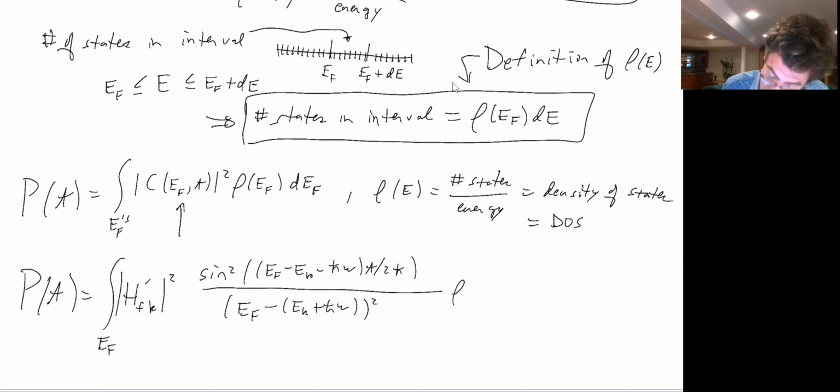And then I have to multiply by the density of states times dEF. That's because we know what this probability is for the harmonic perturbation.